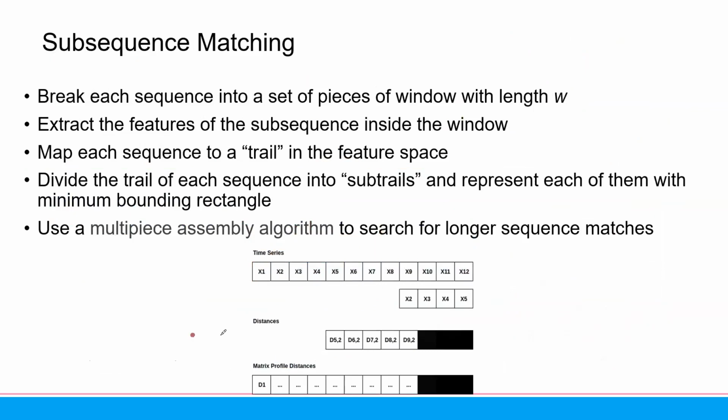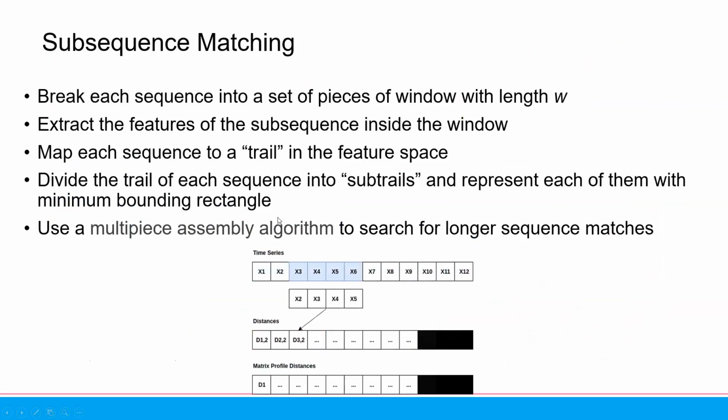If we have this kind of distance, then we will check which distance is appropriate for the selection. So whether some distance is in the exclusion zone or some distances are included, and so on. And we can use a multi-phase assembly algorithm to search for longer subsequence matches. So if we have longer ones, then we can use another algorithm. We call it the assembly algorithm.